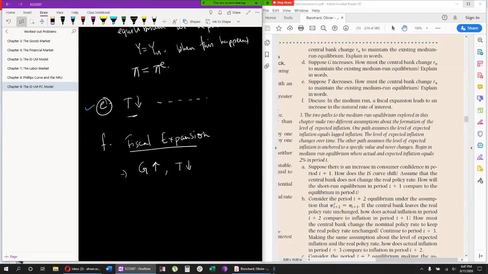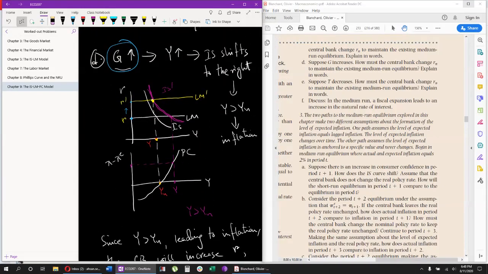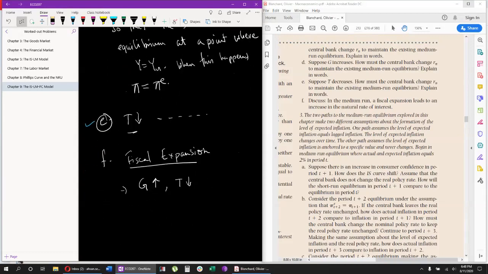So what you have to do in part F is just explain the mechanisms. First talk about what fiscal expansion is. There are two cases, either G is going up or T is going down. And when that happens, explain this entire mechanism, explain what happens and then who reacts how and what role expectation plays. And as a result, the natural rate of interest must go up. So just explain in your own words. Once again, I'm sure you will be able to do it quite easily.